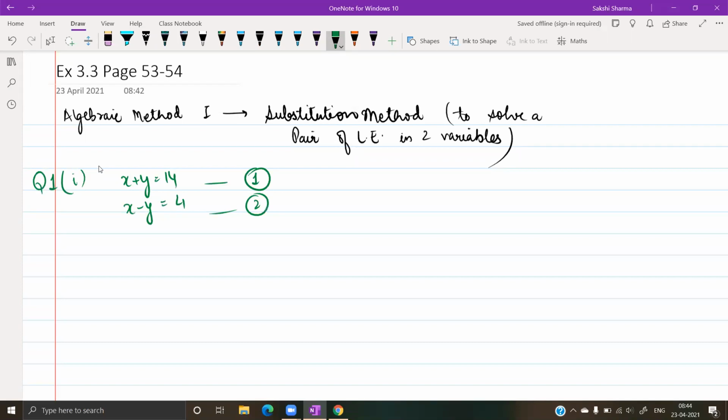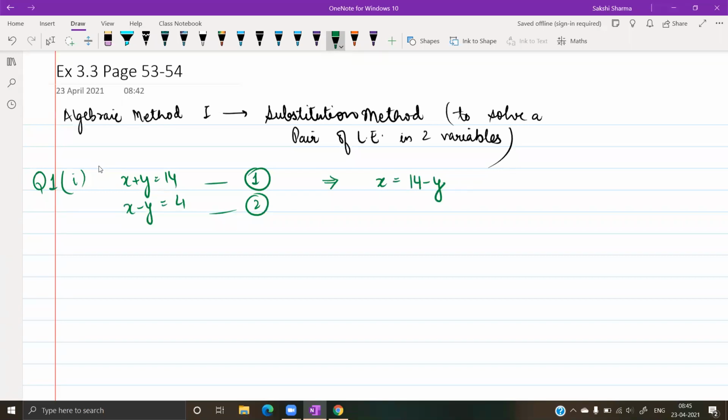The name is substitution. तो हमें करना ये है, first of all, out of the two equations from any one, आप चाहे equation 1 से start करो चाहे 2 से start करो, doesn't matter. From one of the equations obtain the value of one variable in terms of the other. So if I am using equation number 1, I can write it as x equals to 14 minus y.